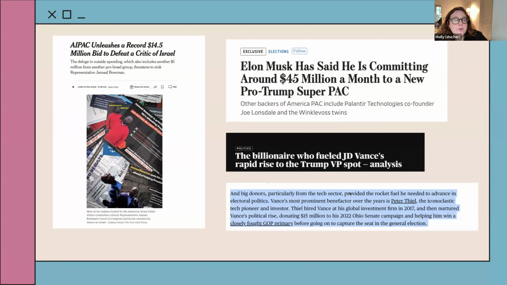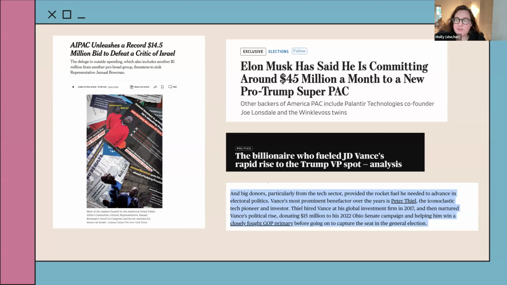I think from a real bird's eye view, and what we see at LittleSis in doing this kind of research all the time, is that we're really living in an age of both unprecedented concentration of wealth and unprecedented political spending by the people who hold that wealth. So we have been seeing that.